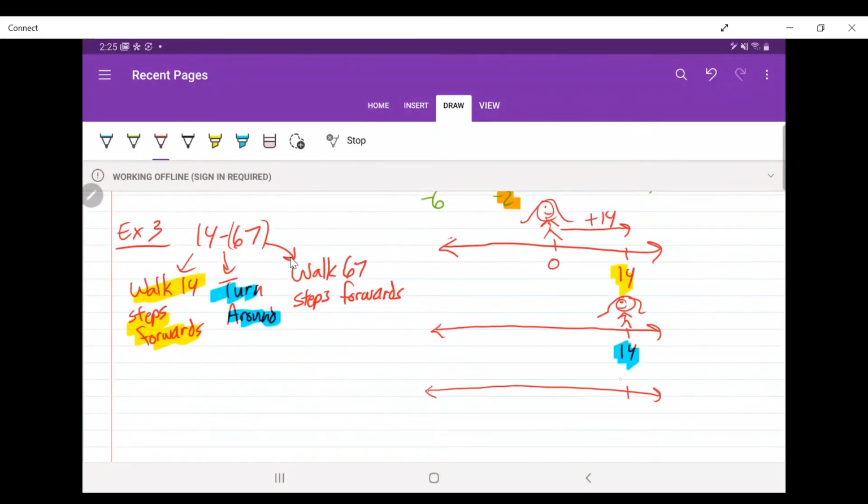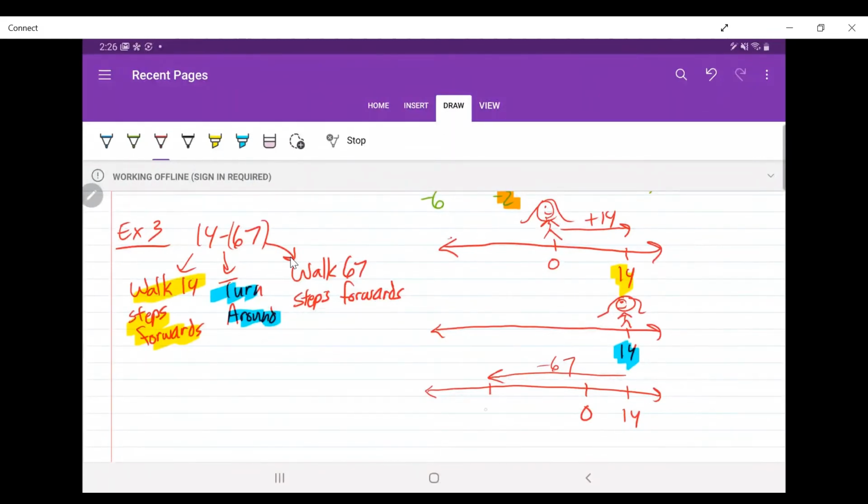So when we walk 67 to our left, we're becoming smaller. This is 14, this is going to be 0. And we go 67 backwards, or forwards in this case, because this person's walking to the left.